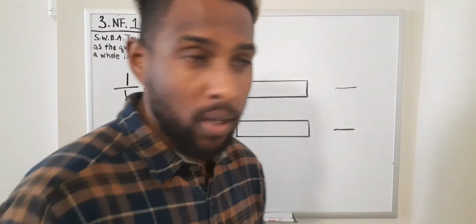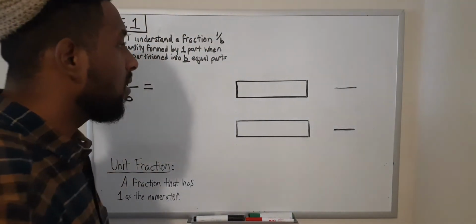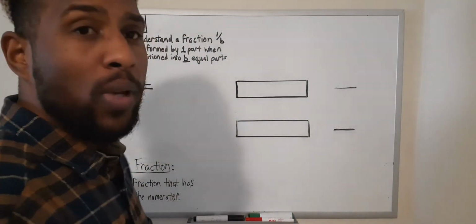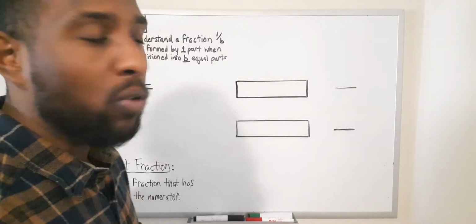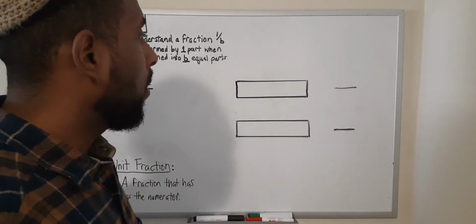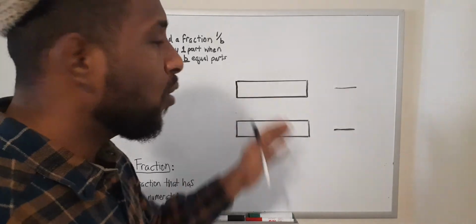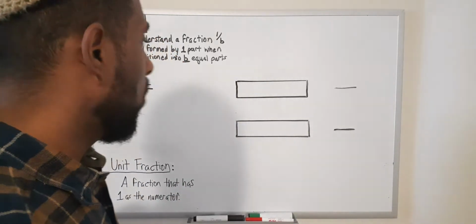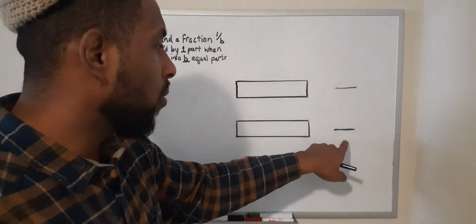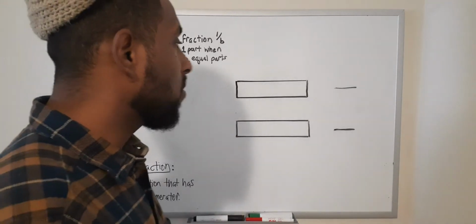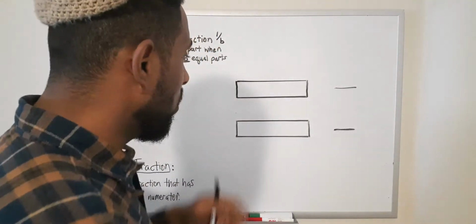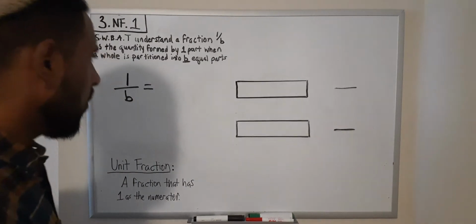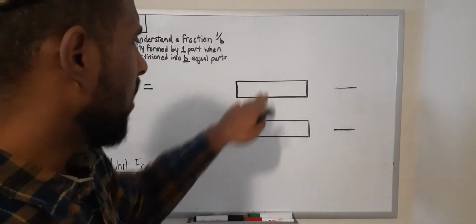Remember, the numerator shows us the total number of parts that we have identified or shaded, or are paying close attention to in the whole. And our denominator, which goes below the fraction bar, tells us the total number of equal parts that we use to make a whole. So you will see that I have two tape diagrams here.